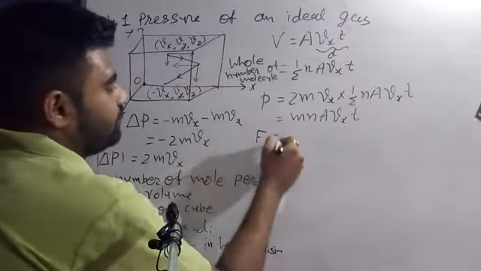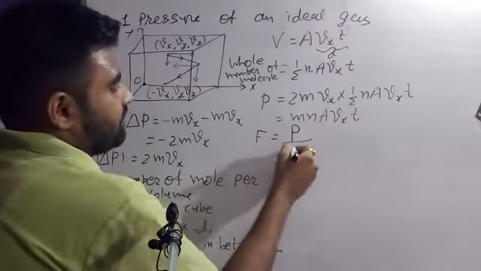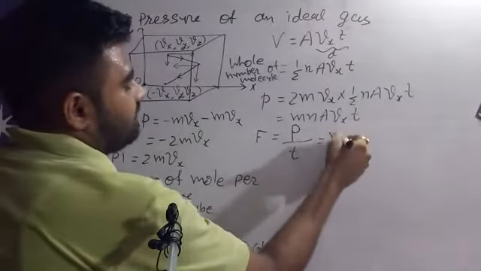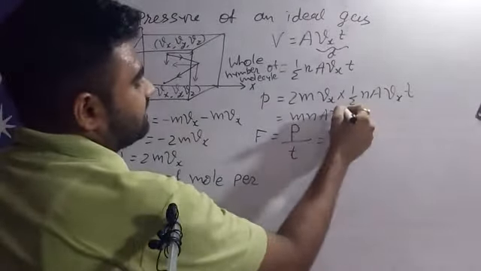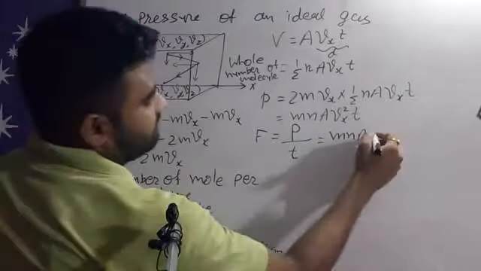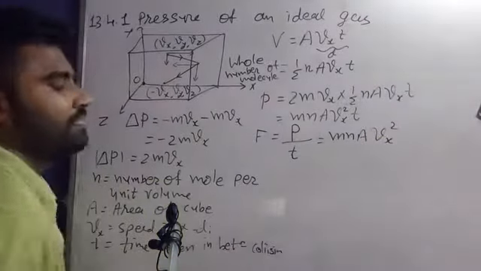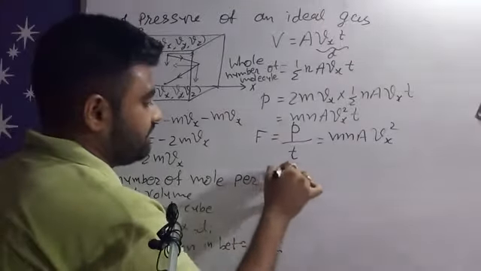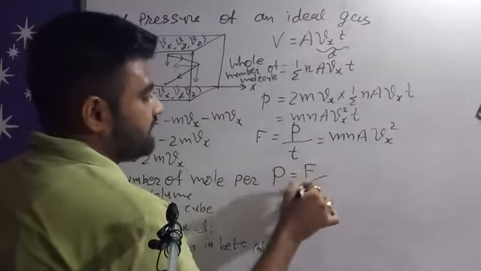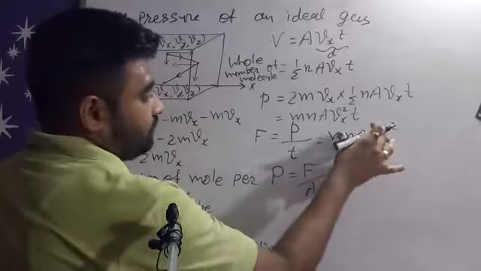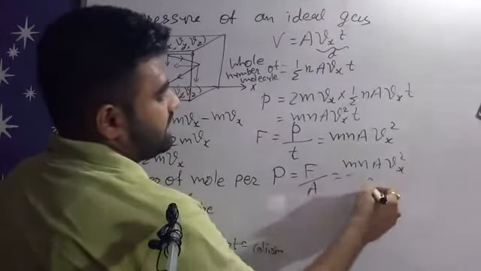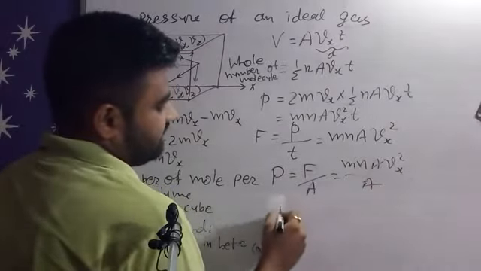Force is equal to change in momentum upon time, so we need to divide by t. So we are left with m n A vx square. And now I want to find the pressure, capital P, which is force upon area. So the area gets cancelled out.